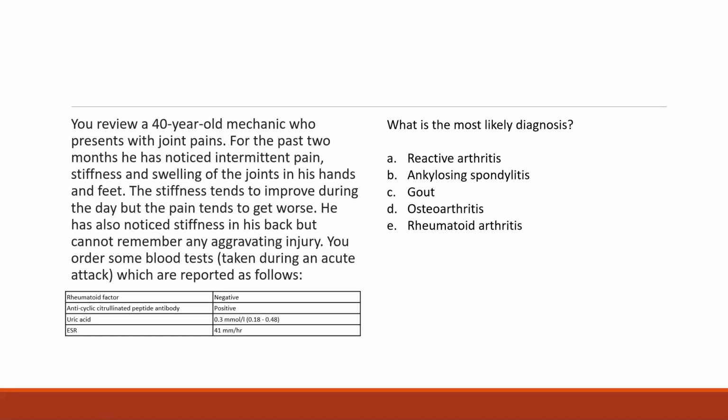So, a 40-year-old mechanic presents with joint pain. For the past 2 months, he noticed intermittent joint pain, stiffness, and swelling of the joints in the hands and feet. The stiffness tends to improve during the day, but the pain gets worse. He noticed stiffness in his back, but can't really remember any injury. Blood tests show negative rheumatoid factor, anti-CCP positive, uric acid is normal, ESR is slightly increased. Okay, anyone want to make a guess?